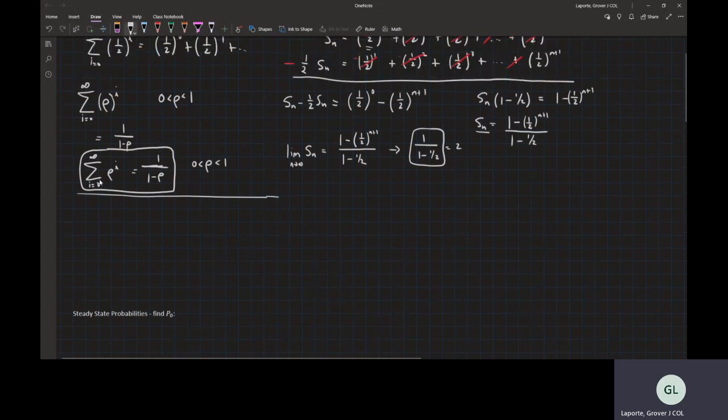The next question that we want to answer is, what happens when we start at 1 and go to infinity of rho to the i? We're going to do another little trick in order to do this one. All I'm going to do is multiply by rho to the 1 times rho to the negative 1.